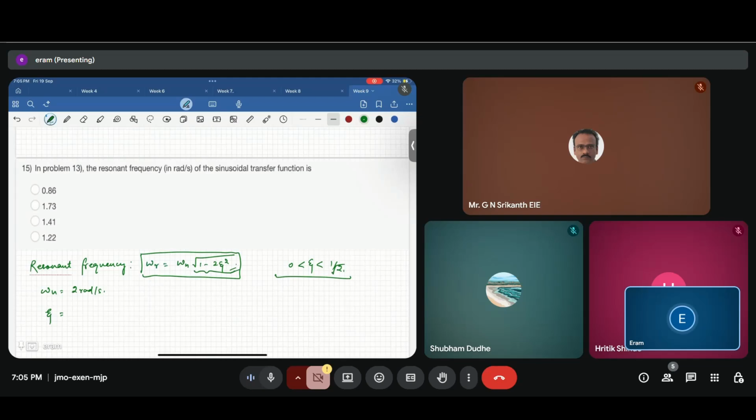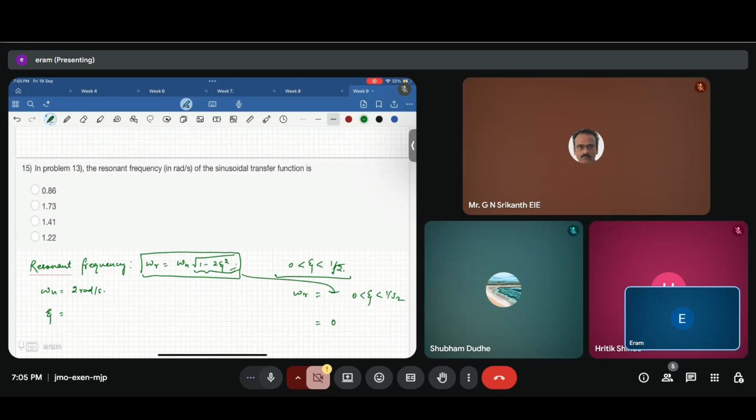What if zeta is not between 0 and 1 by root 2? If zeta is between 0 and 1 by root 2, then your omega r equals this formula. But if that is not the case, then your omega r is equal to 0.